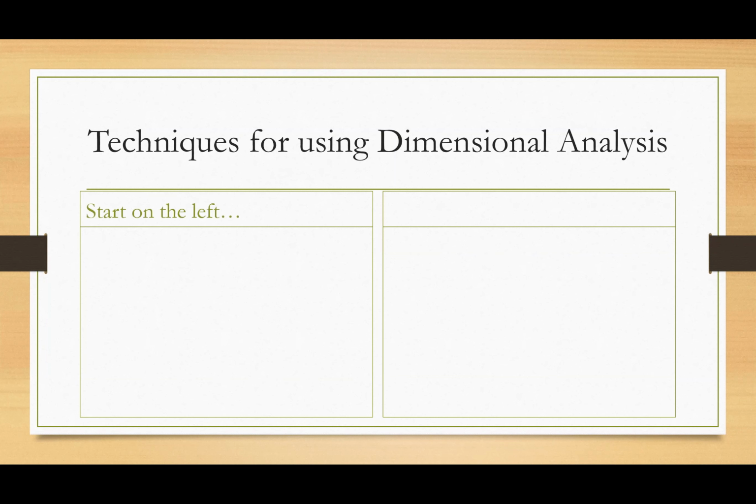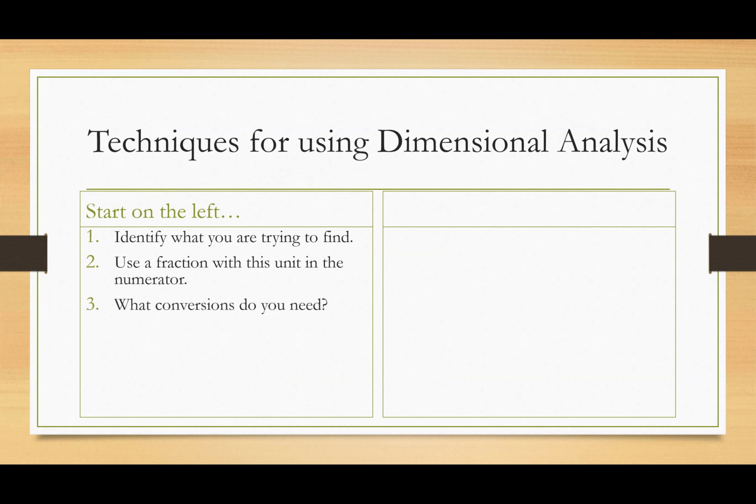And so the first one is where you're going to start on the left. And that is where you're going to first identify what you are trying to find. And once you identify what you're trying to find, you're going to use a fraction with that particular unit, making sure that it is in the numerator or the top.